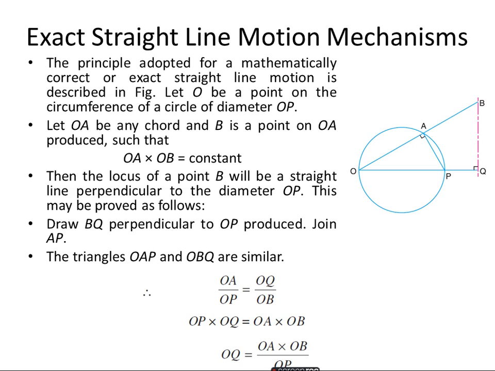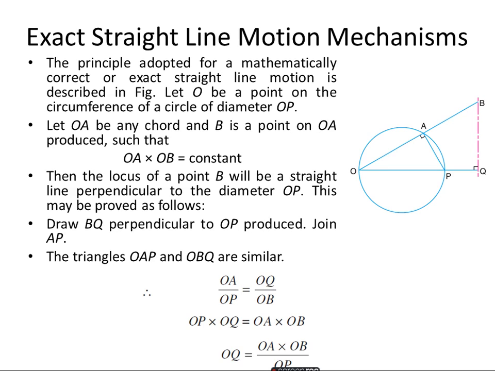Then the locus of point B will be a straight line perpendicular to the diameter OP. This may be proved as follows. BQ, shown in pink color, should move in a straight line.